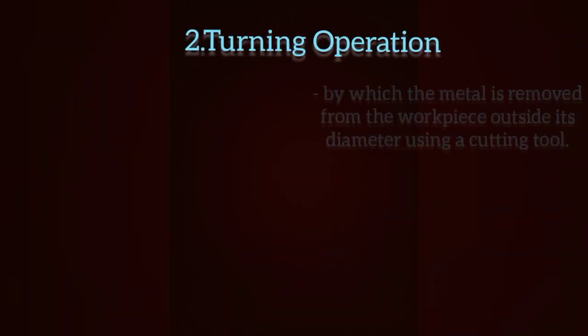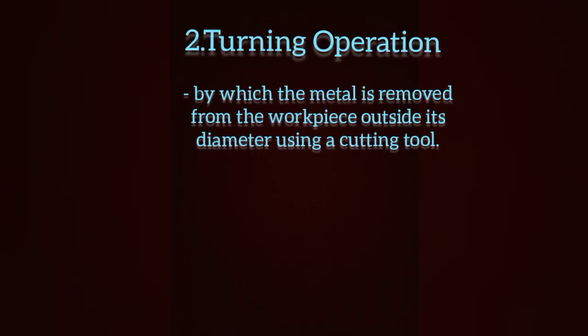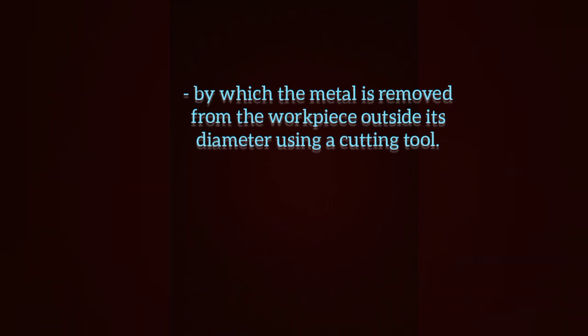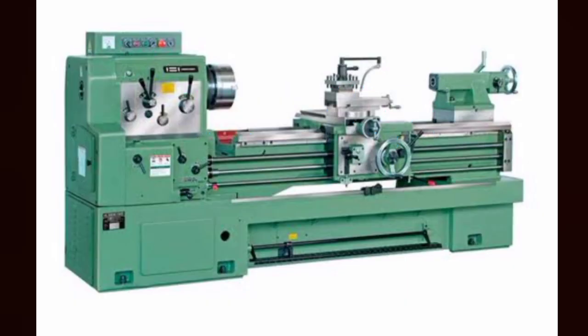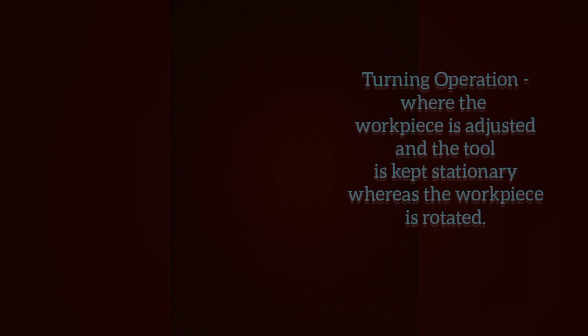So another type of machining operation, guys, is turning. Basically, this turning operation can be performed on a lathe machine, which is a machine where the workpiece is rotated and the tool is kept stationary.